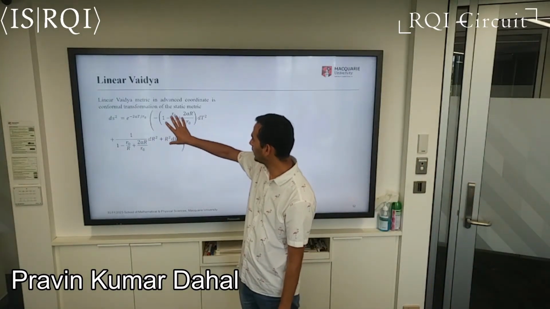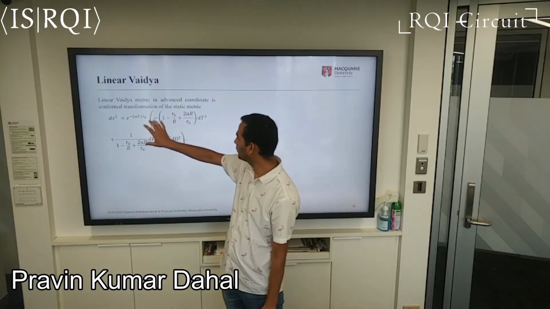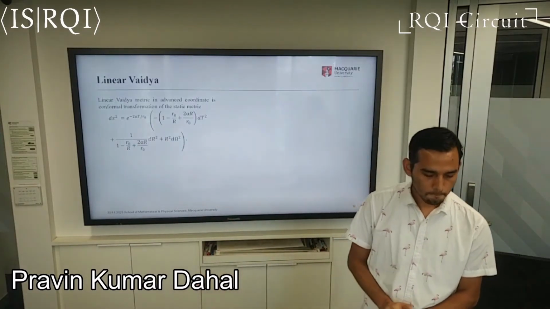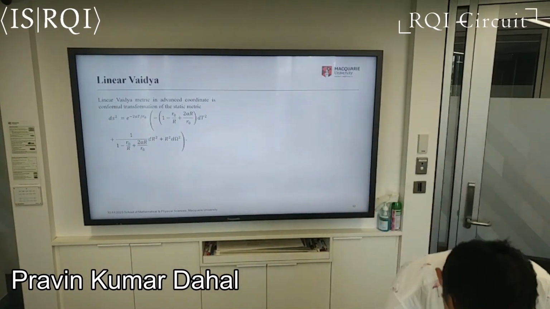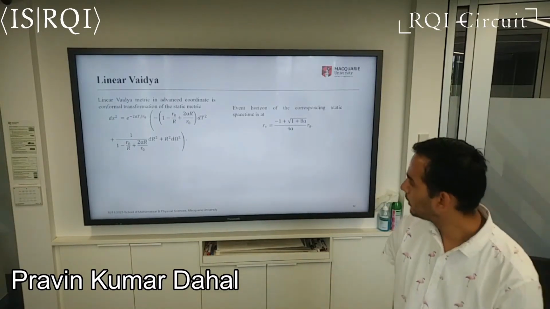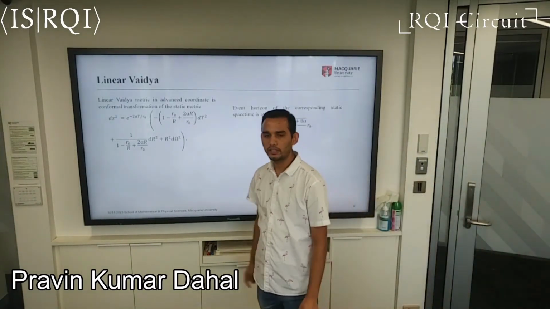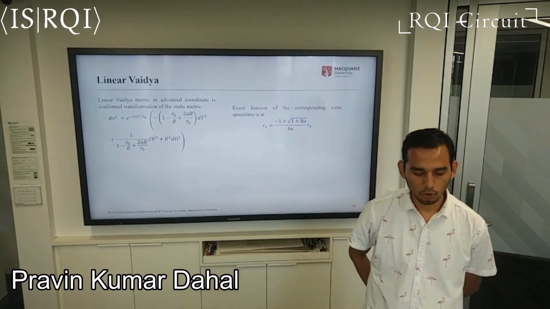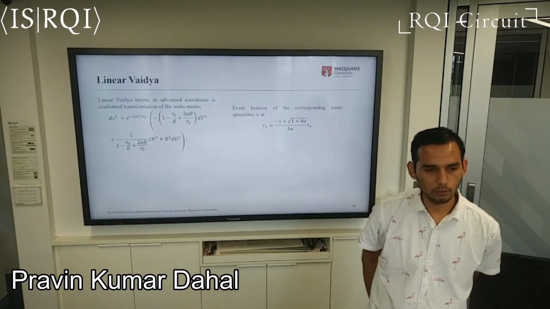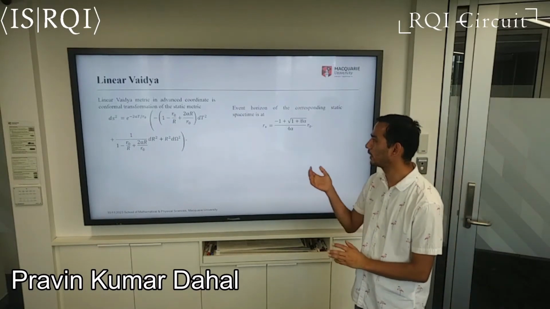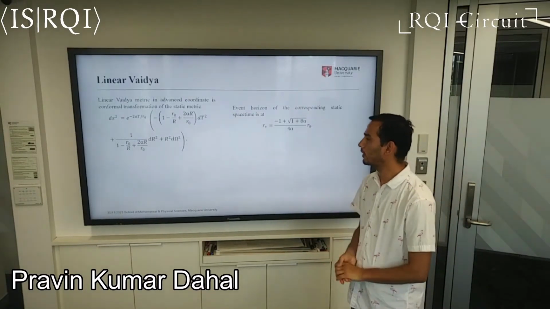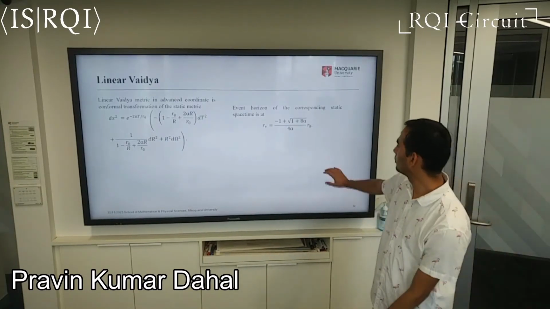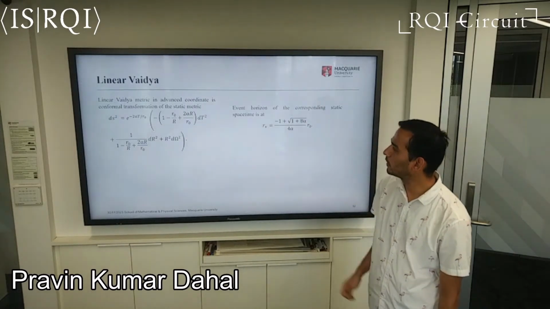If we have some static space-time and we multiply it by some conformal factor, then we have linear Vaidya space-time. And if we have some static space-time, we can calculate the event horizon of that static space-time. Although the event horizon is a global concept, not a local concept, not even a quasi-local concept, we can calculate the event horizon in static space-time. And this conformal transformation has the nice property that it preserves the event horizon. So this event horizon is also the event horizon of the linear Vaidya metric.